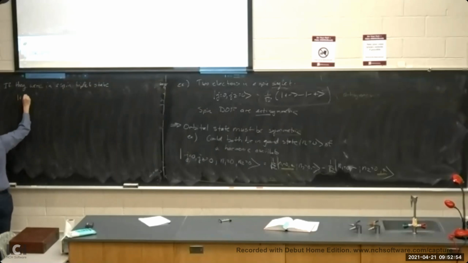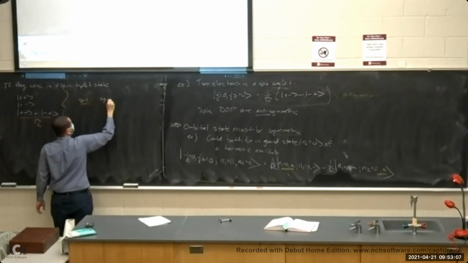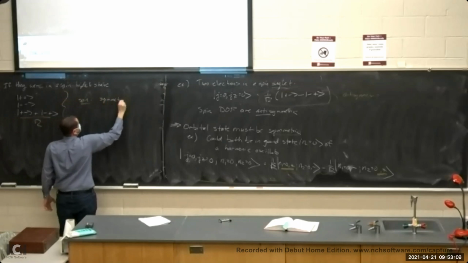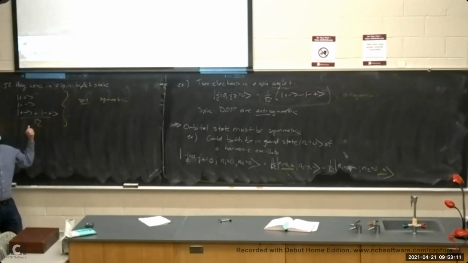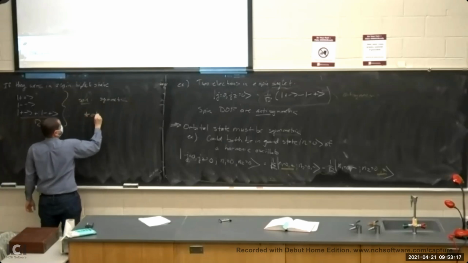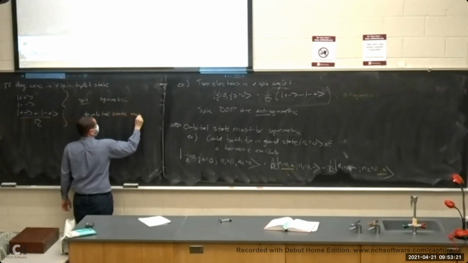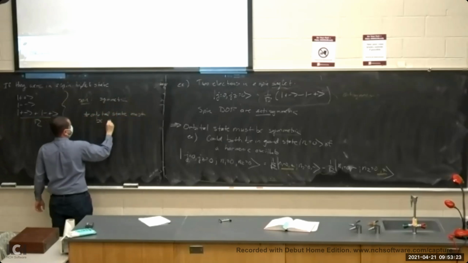So that state could be plus plus, it could be minus minus, it could be plus minus, plus minus plus over root 2. In any of these cases, their spin part is symmetric. So you've got to get a minus sign. The minus sign is not coming from the spin stuff. So the minus sign must come from the orbital parts. Must be antisymmetric.